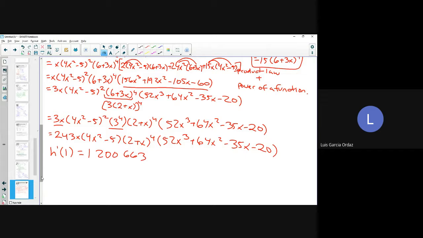So what does that value mean? The derivative of h at 1 is 1,200,663. What does that represent? Remember, what does the derivative help us find?